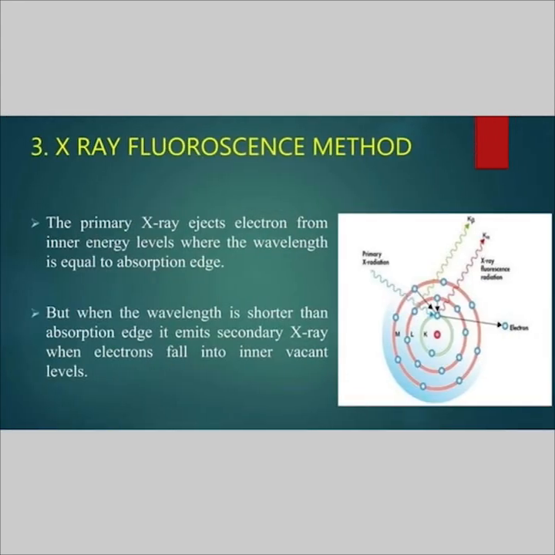Now the third one is the X-ray fluorescence method. In this method, the primary X-ray ejects electrons from the inner energy level where the wavelength is equal to the absorption edge. But when the wavelength is shorter than the absorption edge, it emits secondary X-ray when electrons fall into the inner vacant levels.